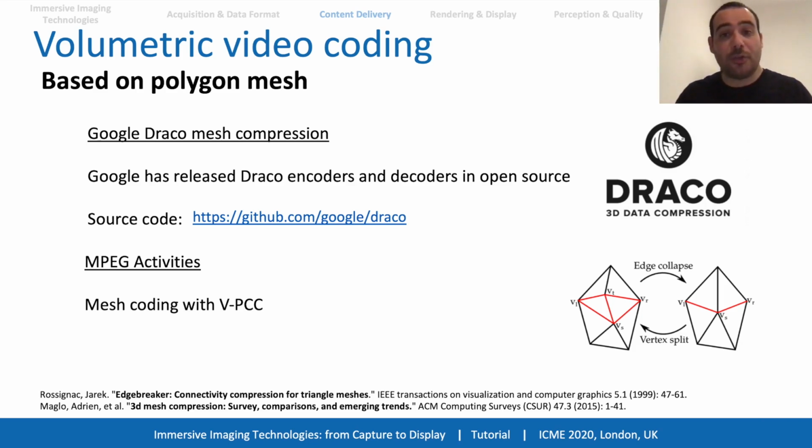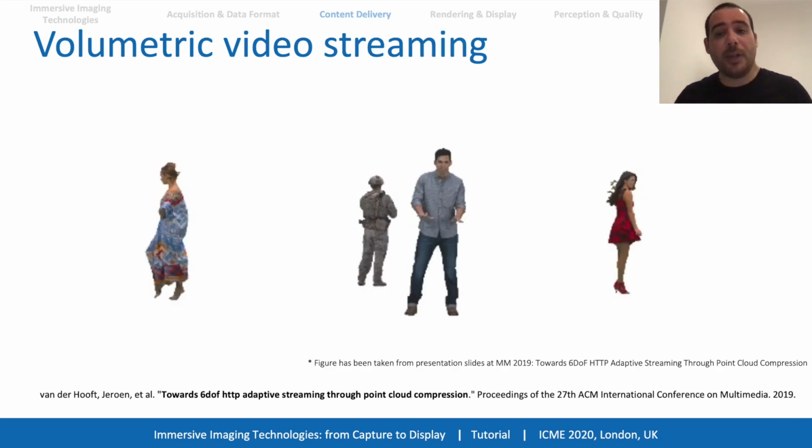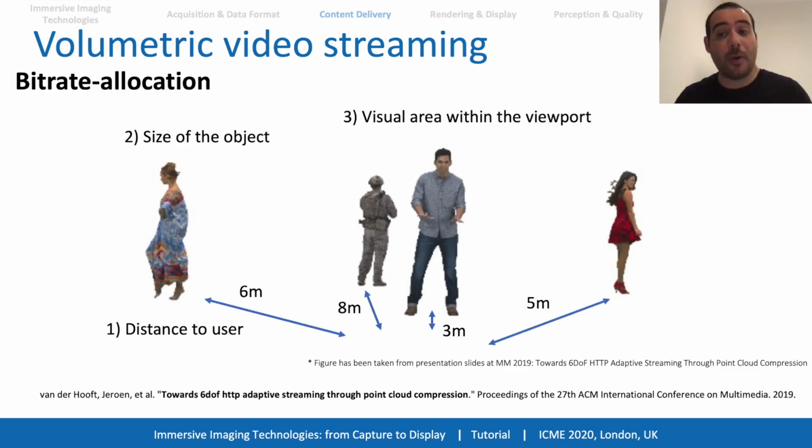We also need to deliver volumetric videos to users. Given a number of objects in a scene, one solution for delivery of volumetric video is to use information on the user's position and focus, the available bandwidth, and the client's buffer status to decide upon the most appropriate quality representation of each object.